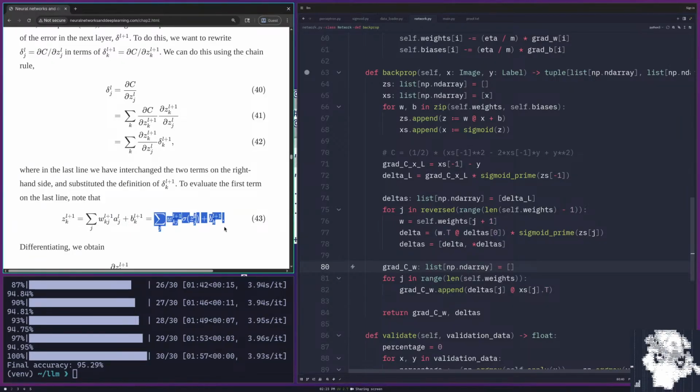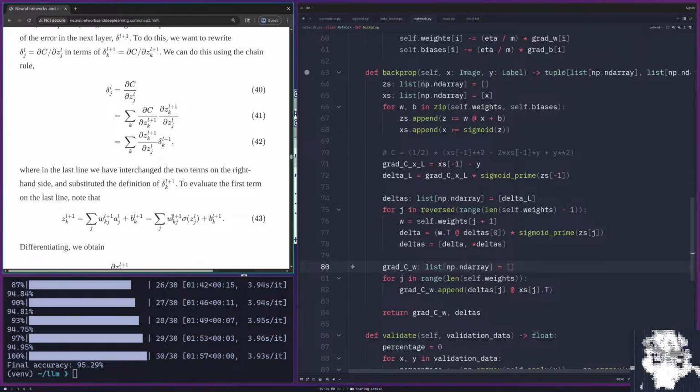So we want to take the derivative of this with respect to z. The bias is going to go away when you take the derivative because that's a constant with respect to z. W is also a constant with respect to z.